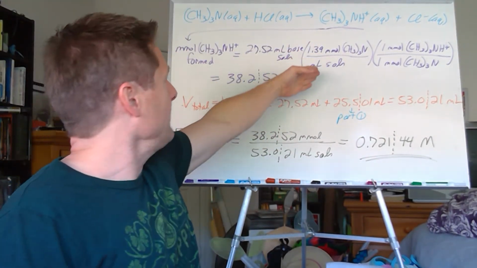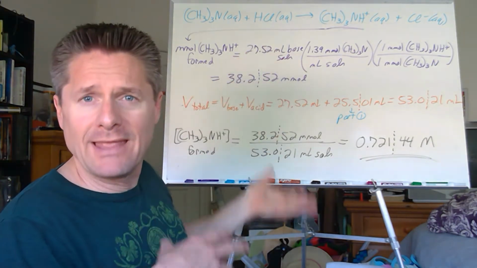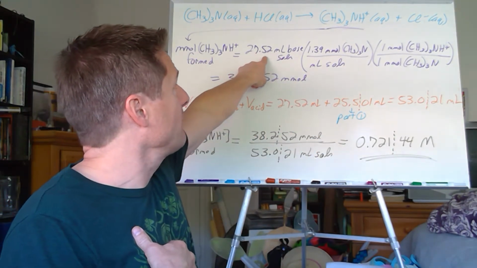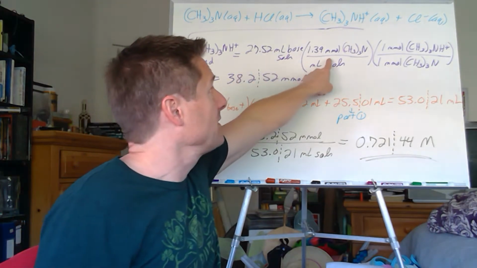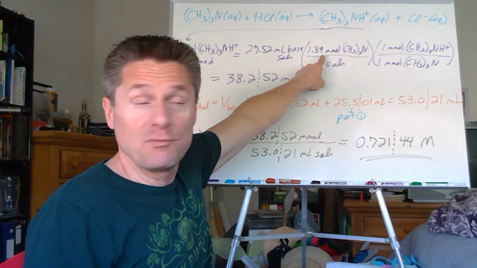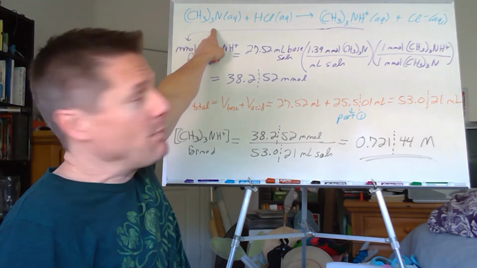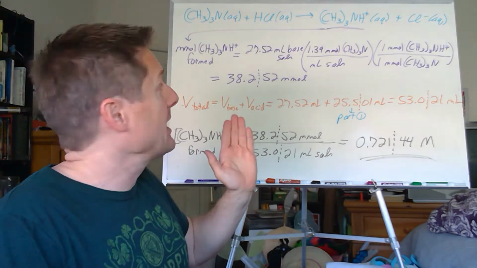And you could have skipped this, right? You could have kind of done this in your head, but I'm just bringing you back to when we looked at the first couple problems. We had 27.52 milliliters of our trimethylamine base solution times its concentration of 1.39 millimoles per milliliter. And then 1 millimole of that weak base will form 1 millimole of the conjugate acid. You can see it from the stoichiometry.